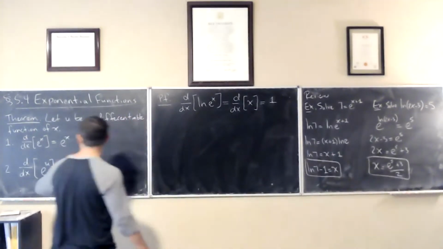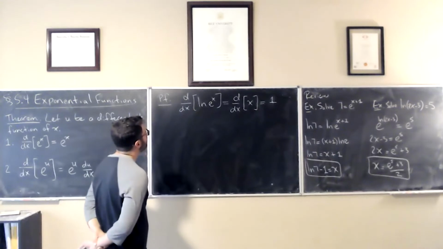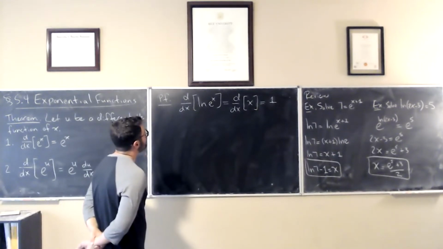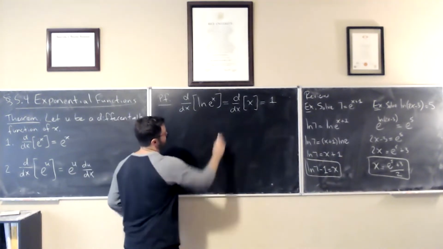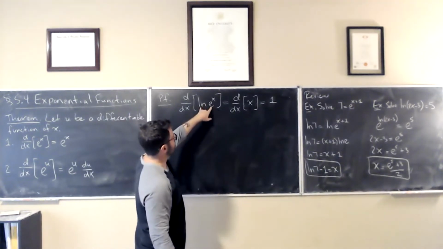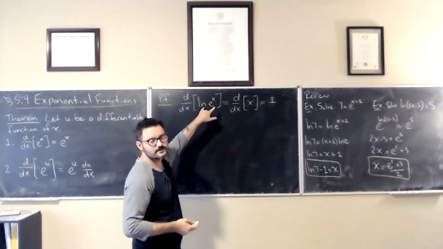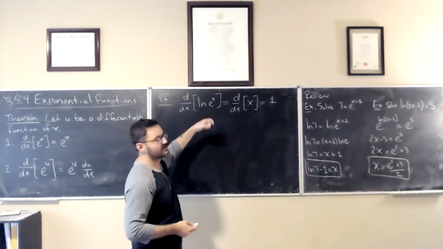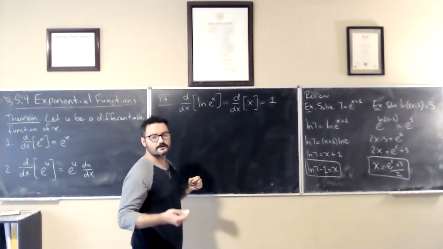Okay, so why does this help us prove that? Well, this is using properties of inverses to get from there to there. Now I'm just going to suppose that I didn't know they were inverses, and I'm just going to apply what I know about taking the derivative of the natural log, right?